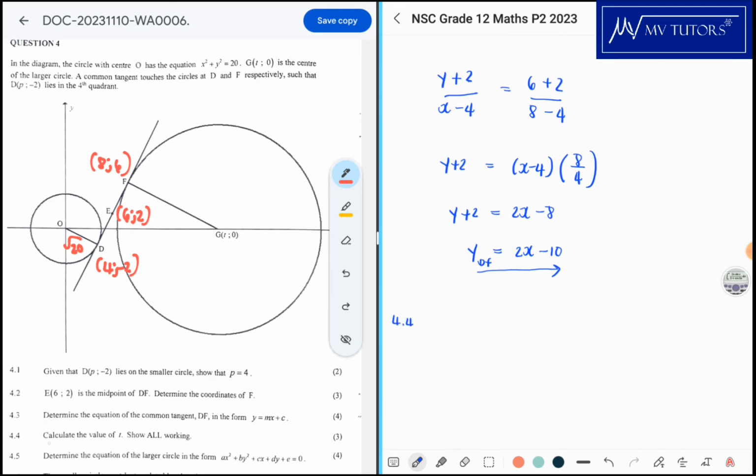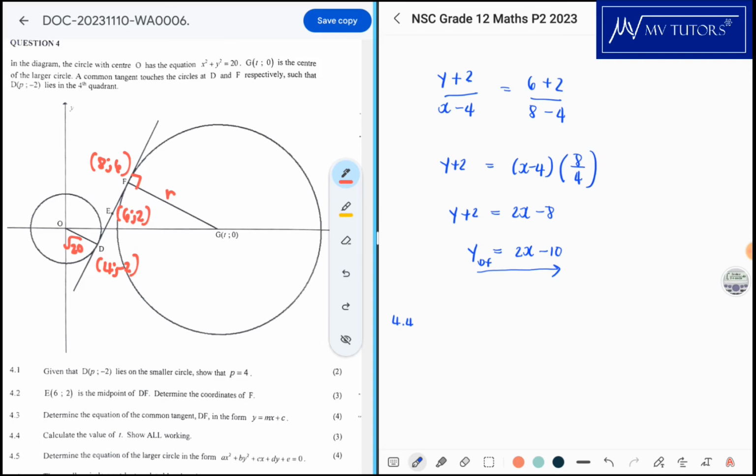So now it says, calculate the value of t. All right. So what do we now know? We know with this straight line, any tangent to a circle is actually perpendicular to the radius. So we have our radius here, FG, and we have our tangent line. So basically, they are perpendicular to one another.